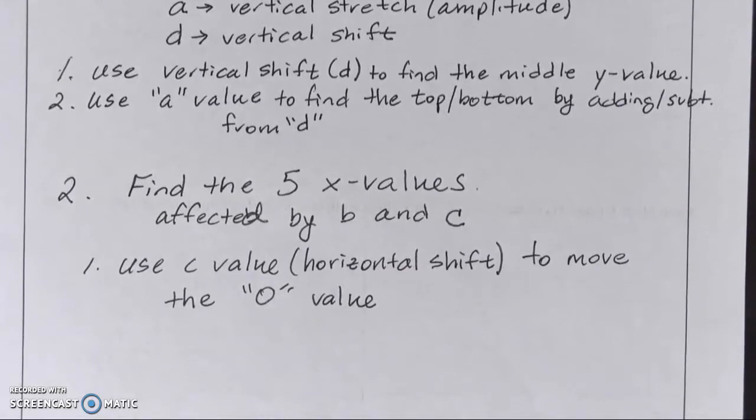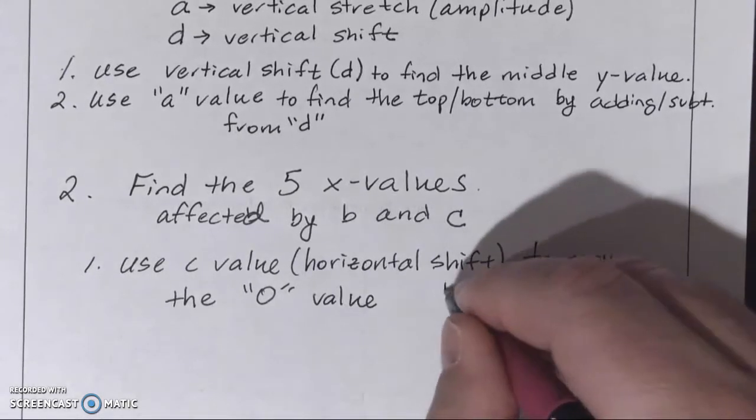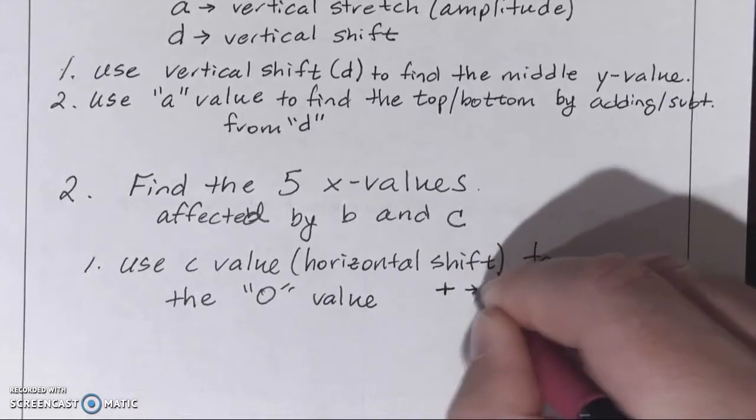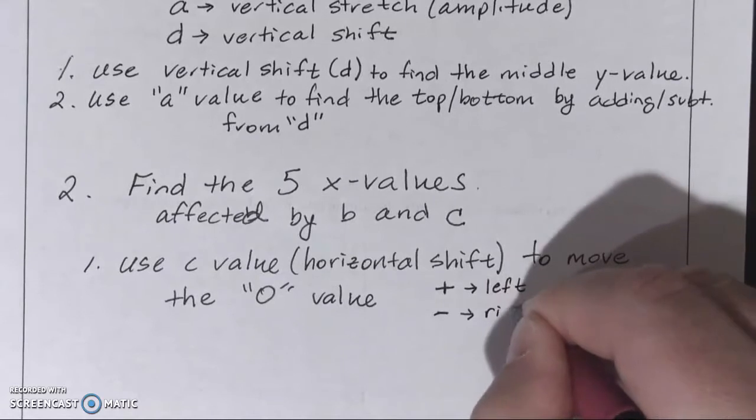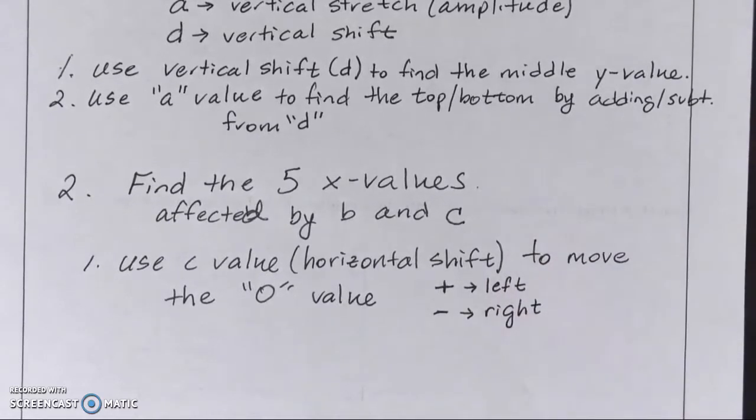We're going to use our horizontal shift to move that, just like you used to with root functions and cubics and parabolas. A plus or a minus is going to move it either right or left. We need to remember that a positive c is going to move it to the left, and a negative c is going to move it to the right. That can be confusing for students.